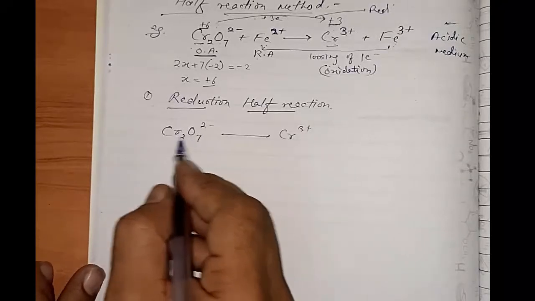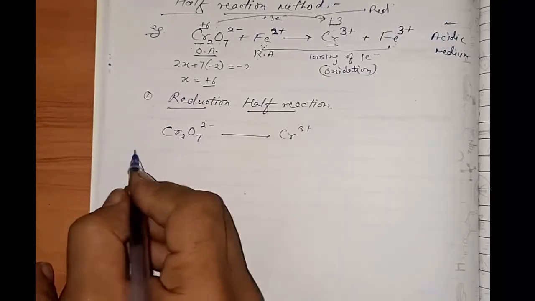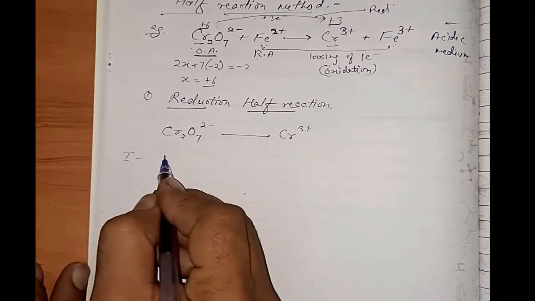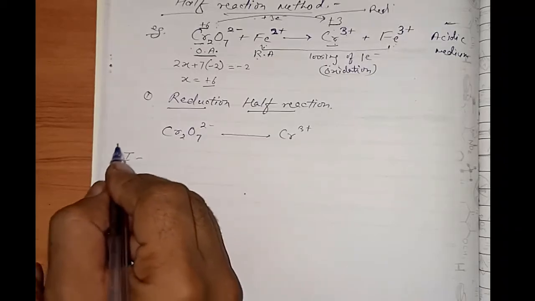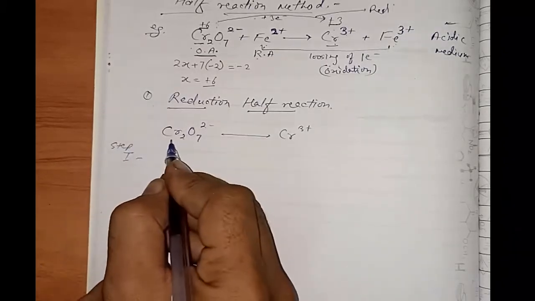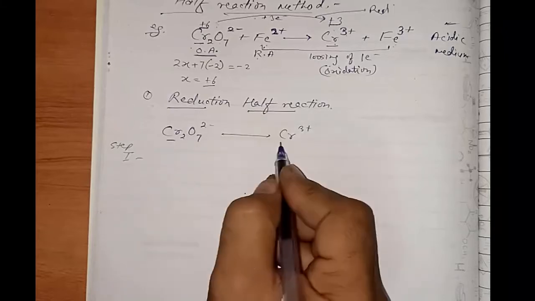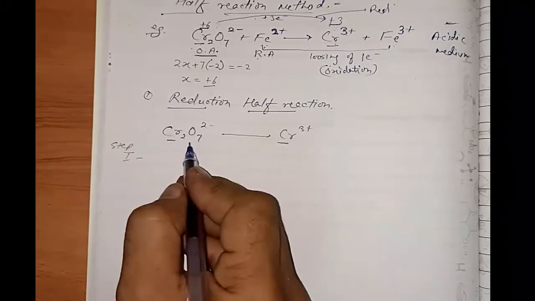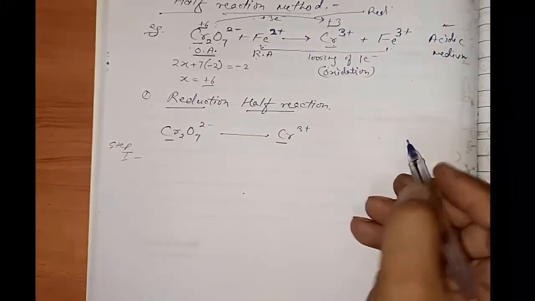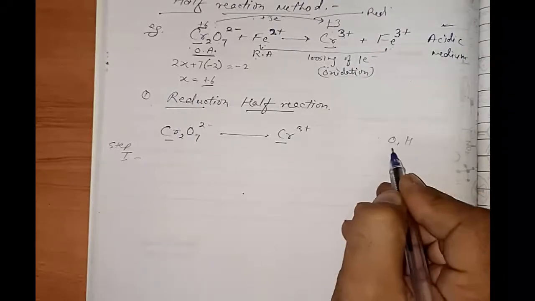So we have to balance this equation first. In the first step, we balance metals, which means we balance the atoms other than oxygen and hydrogen.